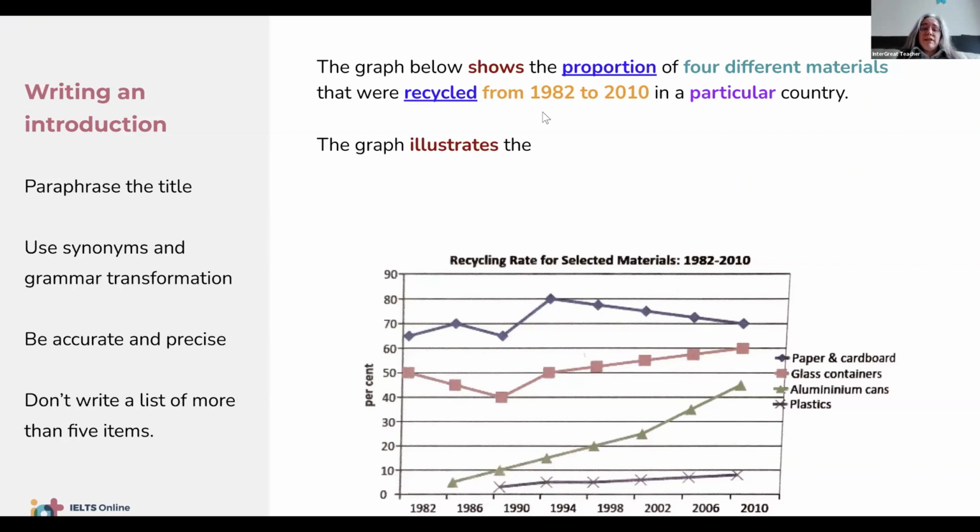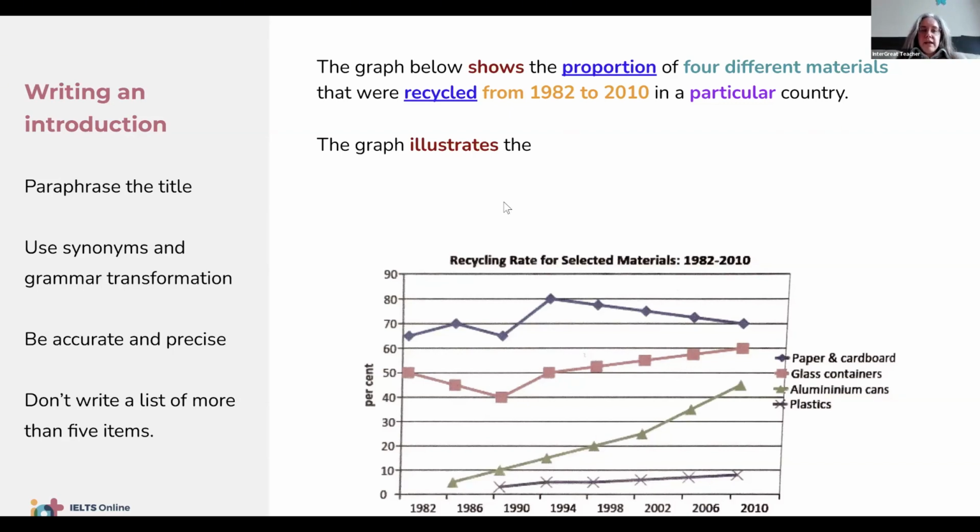Shows is definitely an appropriate word, okay? And I can understand why people want to use a different one because they want to vary their vocabulary. But your vocabulary is assessed as a whole, so it's your vocabulary throughout the task, not just based on one word from the wording of the task itself.